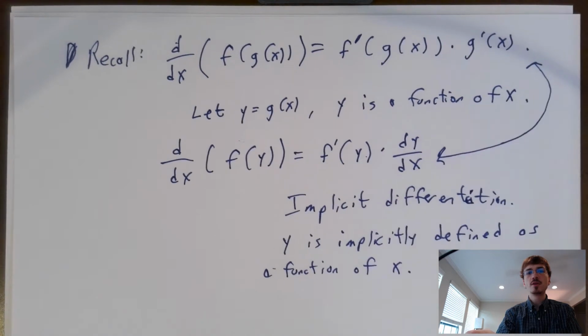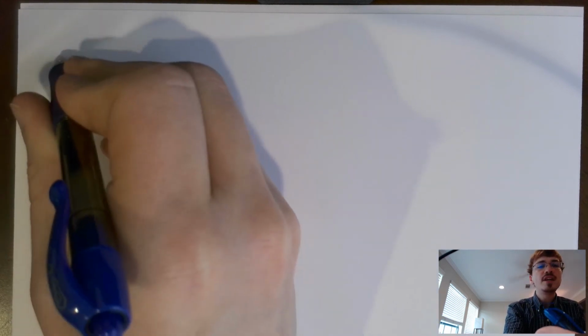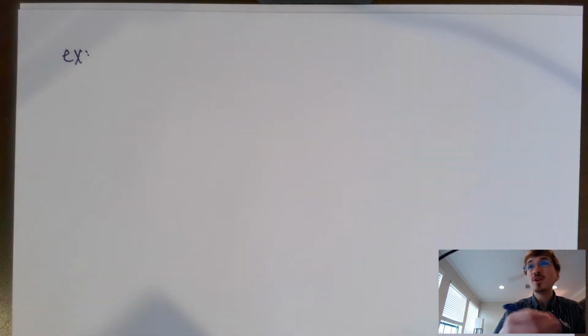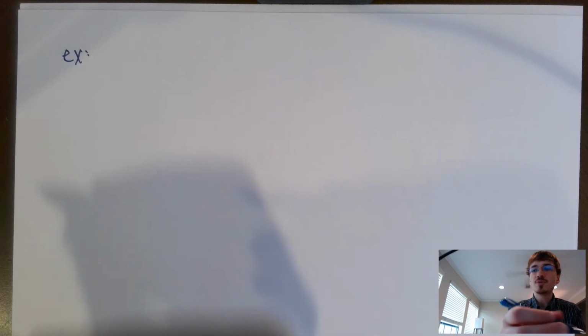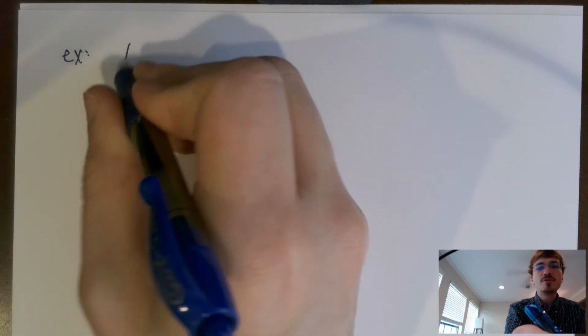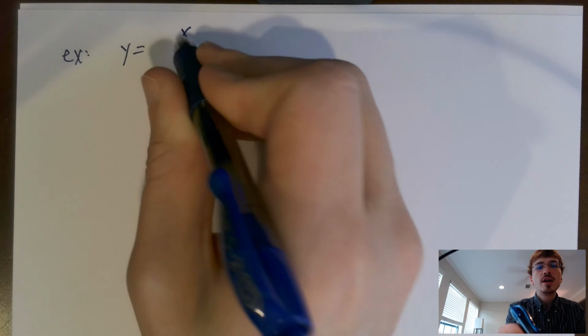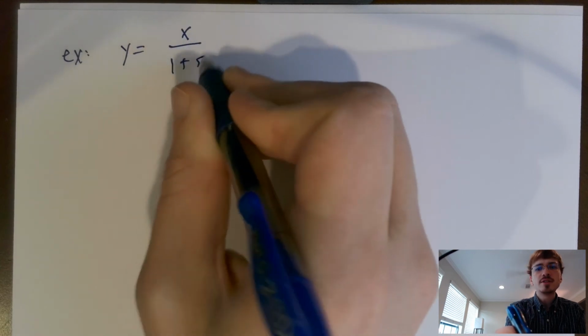So let's do a quick example. Let's do a non-example and see how our technique that we've been doing over and over again, we're going to generalize this. Let's differentiate our favorite function, y equals x divided by 1 plus the sine of x.